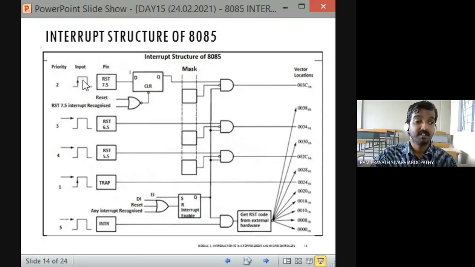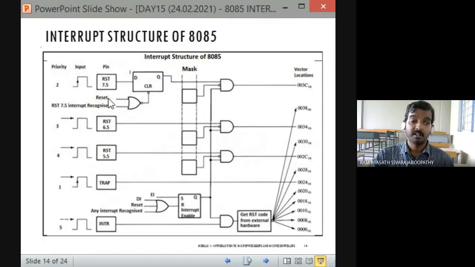Okay. Priority is over. Sensitivity of the interrupts is over. Hardware pins, we know the naming for the particular interrupts. RST 7.5 has the RST 7.5 flip flop. Whenever an interrupt occurs through RST 7.5, this flip flop will get automatically set. When will this flip flop get reset?